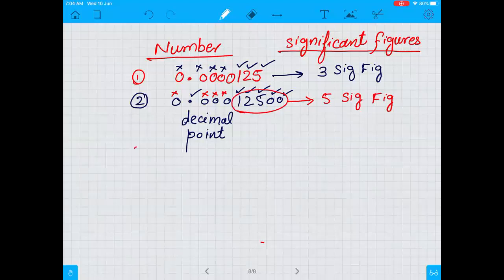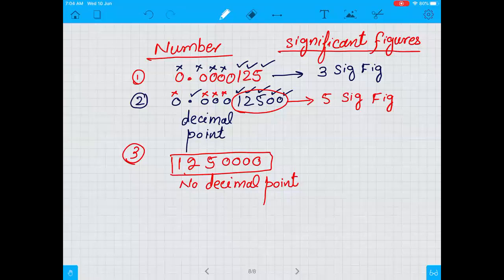Rule number 3, you have a number 125 followed by four zeros, 125 0000, and you see the number has no decimal point. Now by principle, if a decimal point is not present, then zeros which are following the non-zero digits will be insignificant.